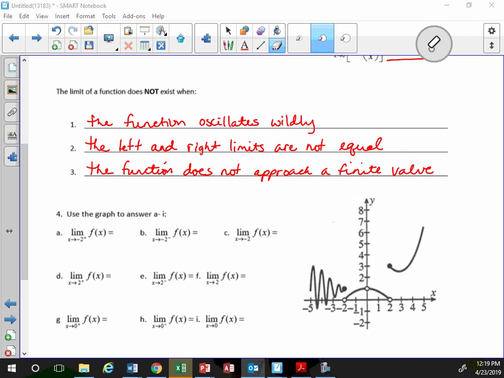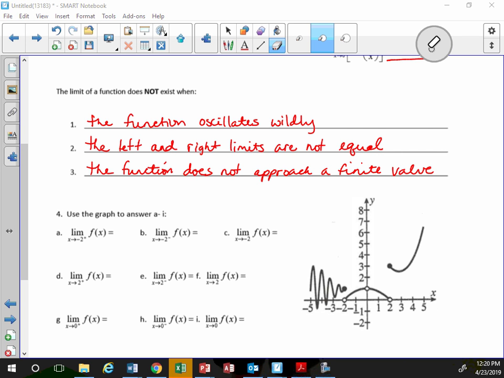Negative 2 to the right. All right, guys, try those problems down below, okay? That's one. Left, negative 2.